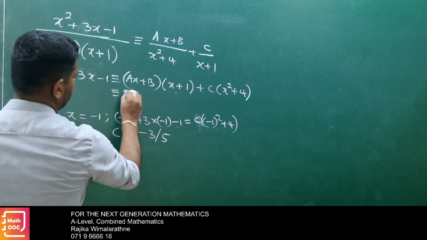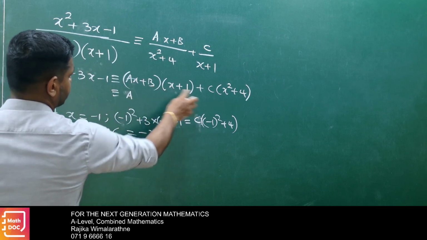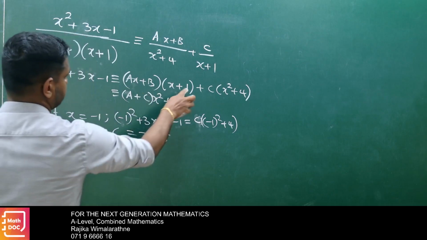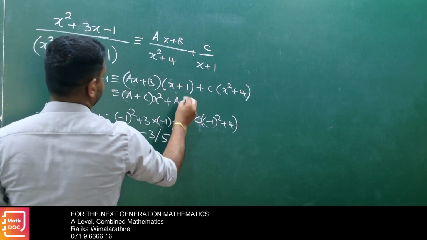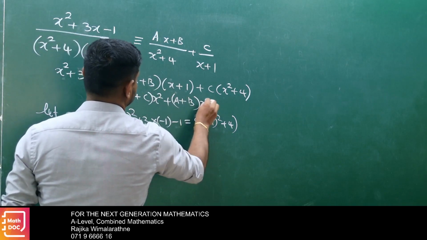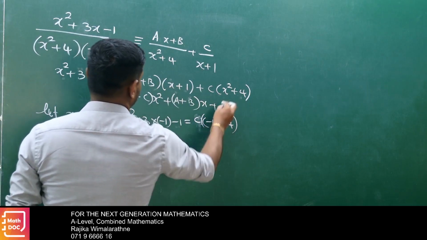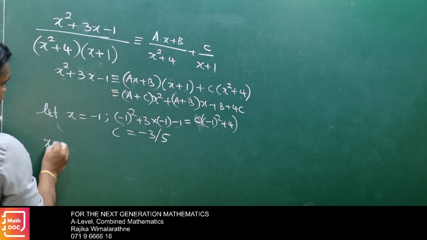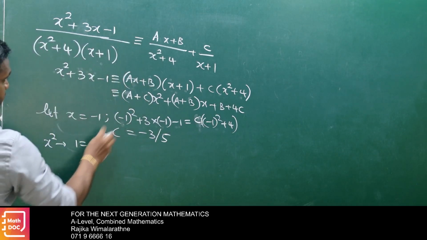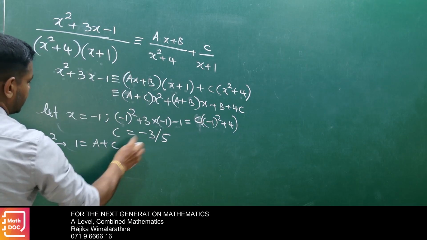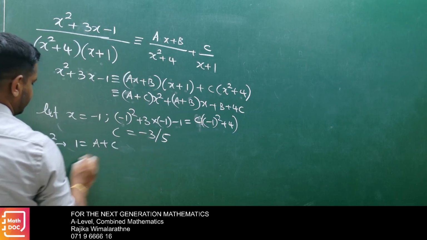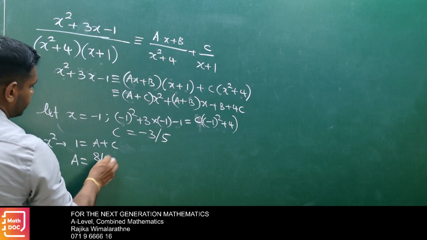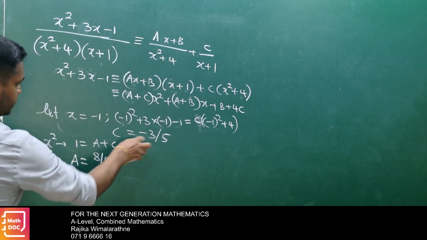Then it is better to expand. Here ax squared plus cx squared, (a plus c) x squared, (a plus b) x, (b plus 4c). Then equate coefficients. The x squared coefficient: 1 equals a plus c, c is minus 3 fifths, so a value is 8 fifths.